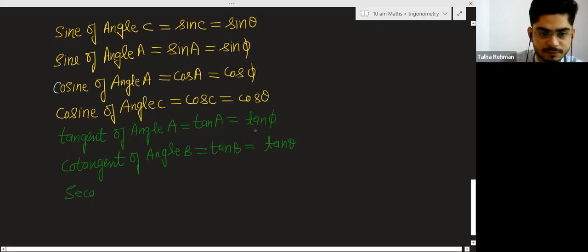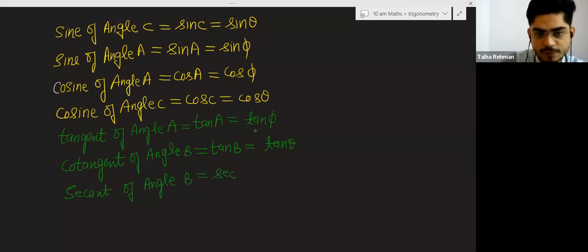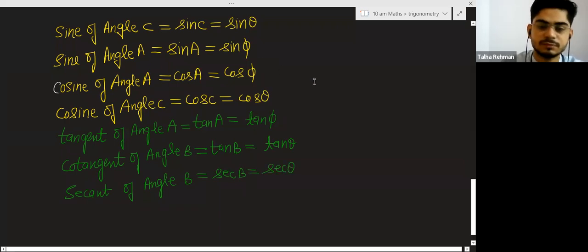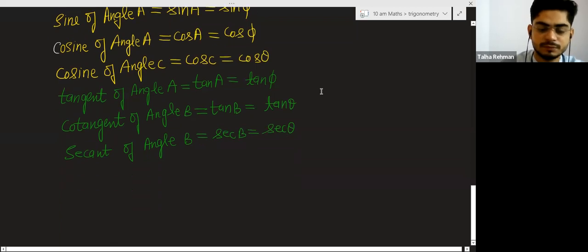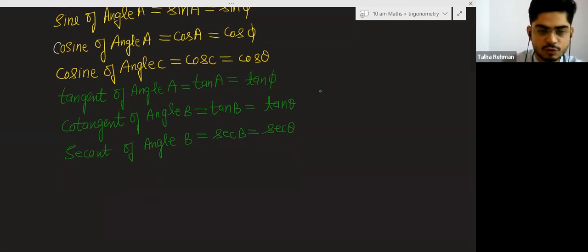Secant, SECANT. Secant of angle B. In short form, you will write sec B. Sec theta. Last term is cosecant.